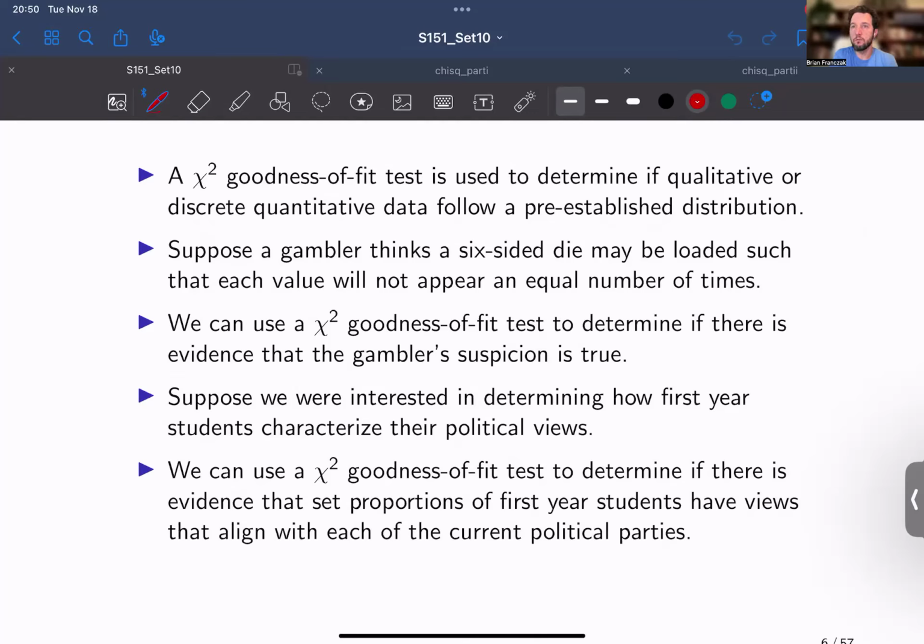You want to make sure that the die you're rolling is a fair die, which means that every number comes up with the same probability, or the same number of times. What I mean is there's a 1 out of 6 chance of getting each number on the die. That's what fair would mean in the context of this example. So you roll that die some number of times, say 500 times, and you count how many ones you get, how many twos, threes, fours, fives, and sixes.